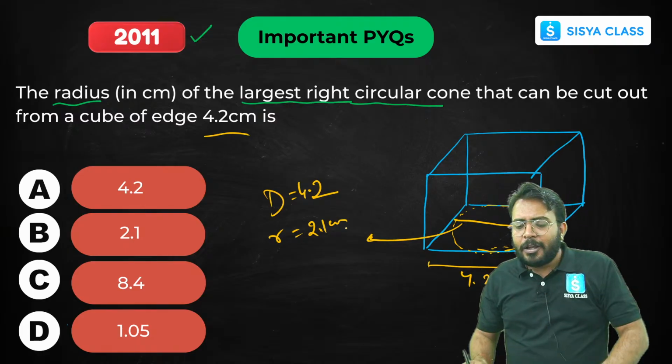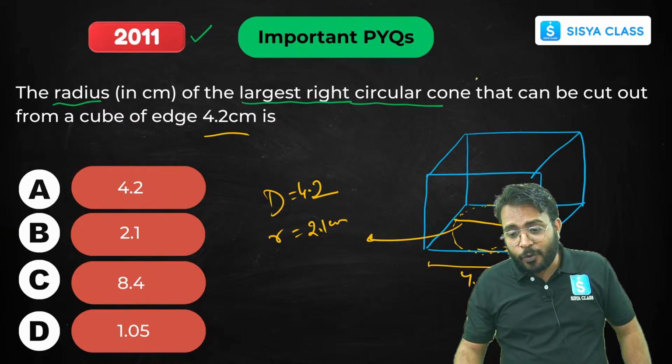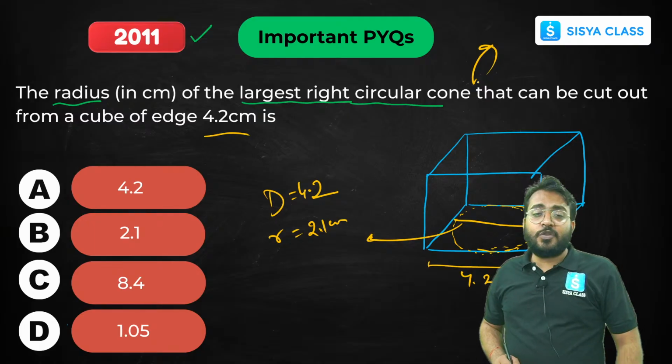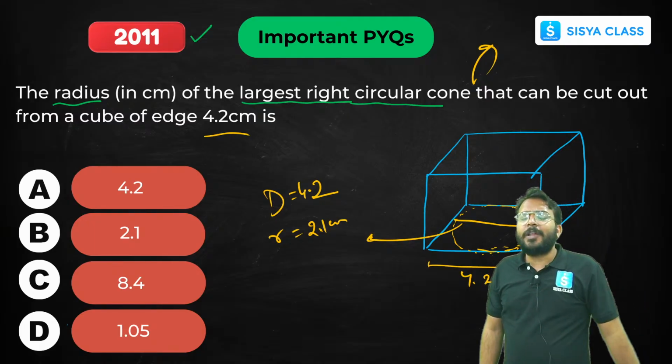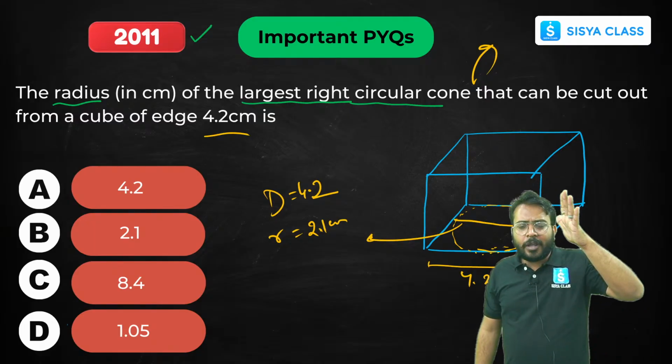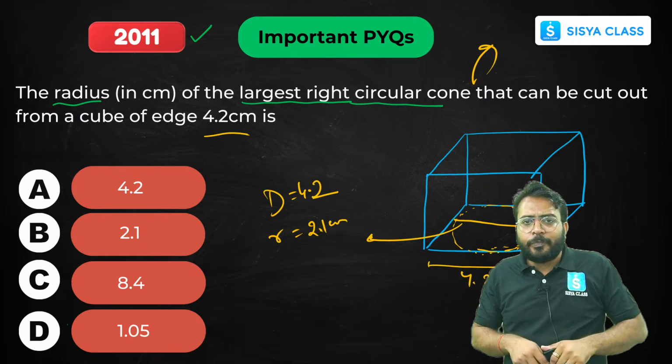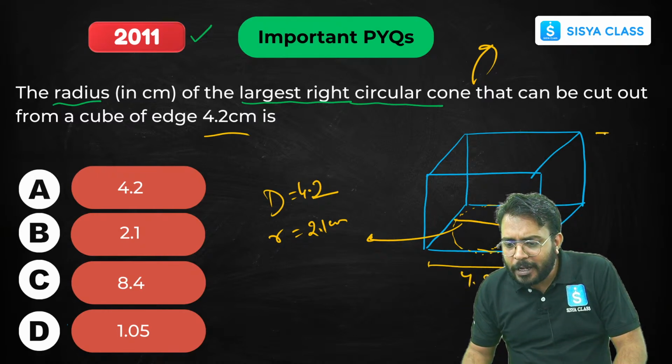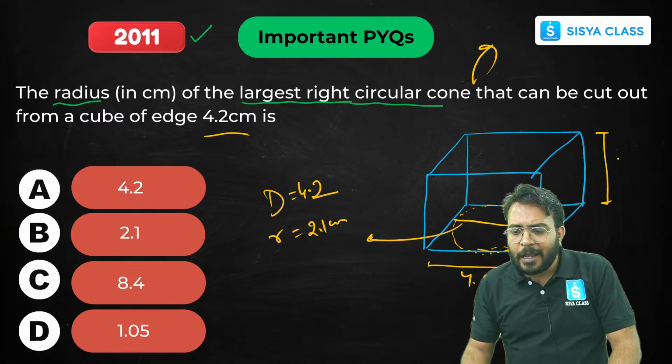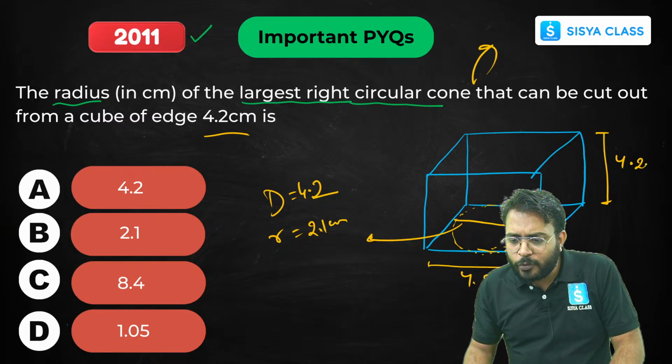And they can extend this question to one more level. They can ask you about the volume of the largest cone that can be drawn inside the cube. So here you have to take the height as a, the same height, since it is a cube. It is going to be 4.2 centimeter, yes or no?